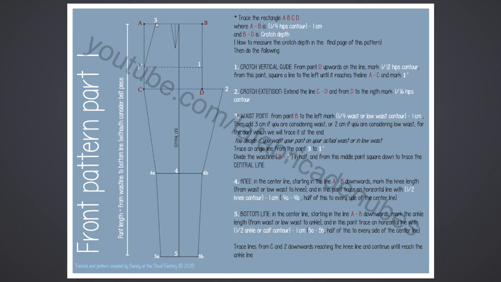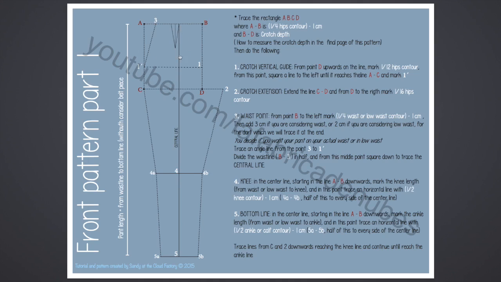The point 3 is the waistline. You have to mark 1/4 part of your waist contour, reducing 1 centimeter, and mark it over here. Then add 3 centimeters extra for the dart, and in that point mark the point number 3.